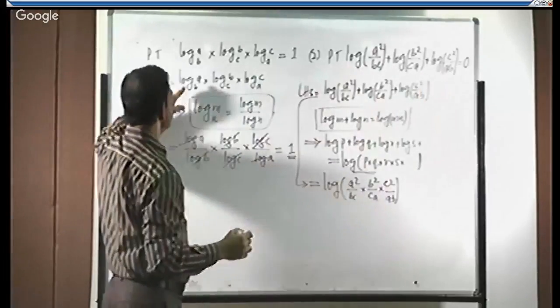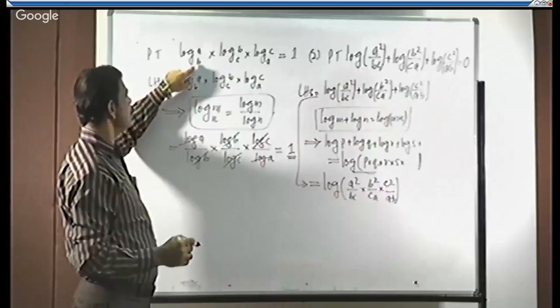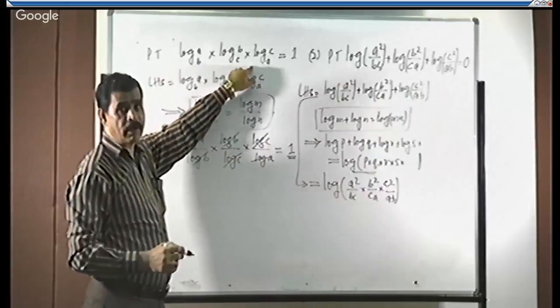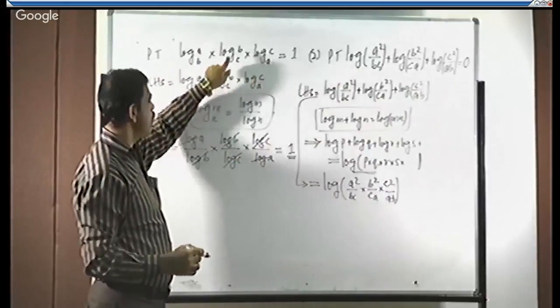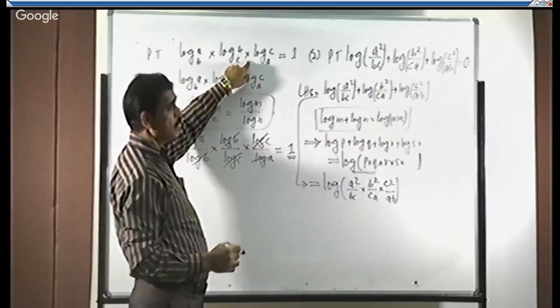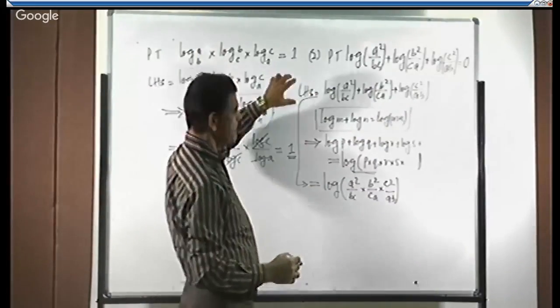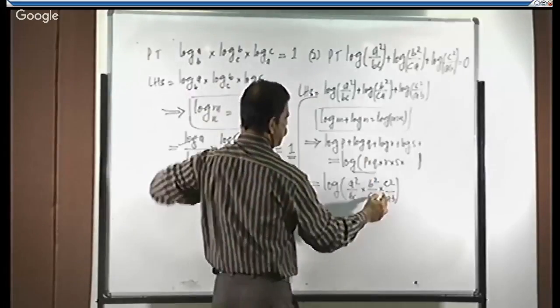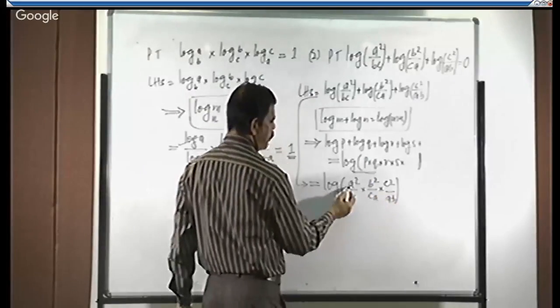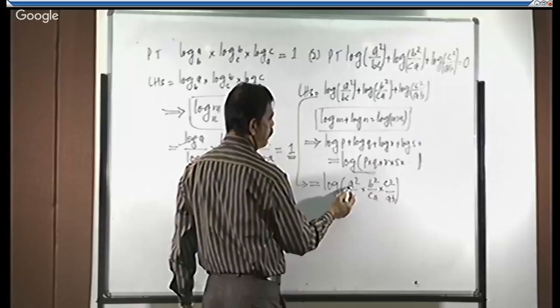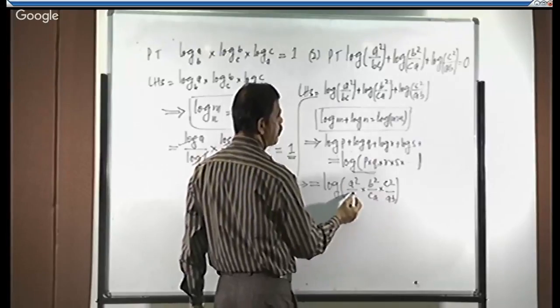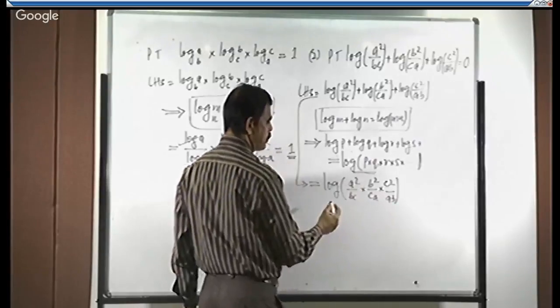Go to the previous example. See, there all the terms have different bases, and we have a multiplication symbol, so we cannot use this law there. Don't get confused. See the problem. We have applied the extended first law to the left hand side.